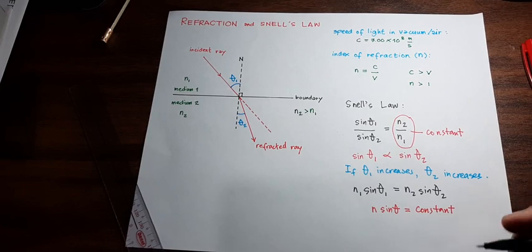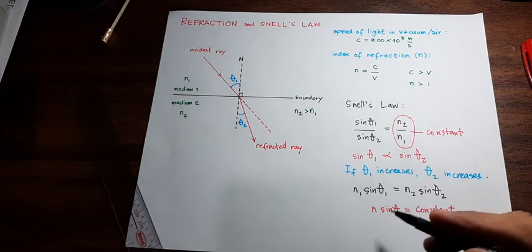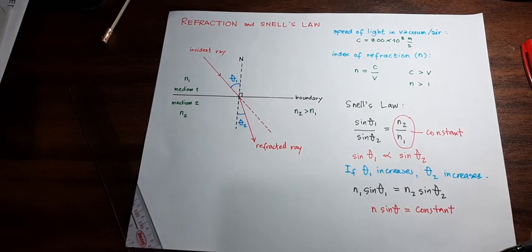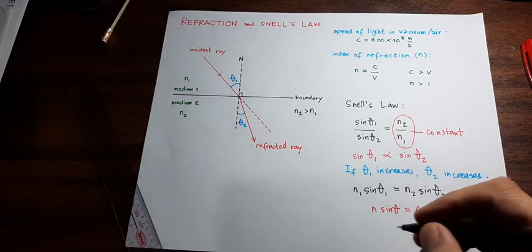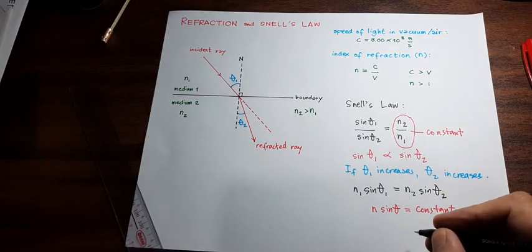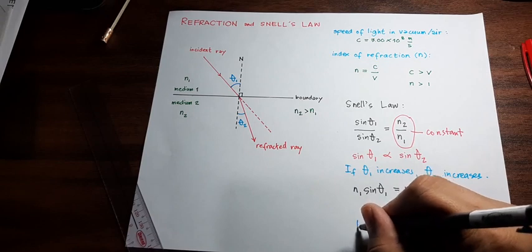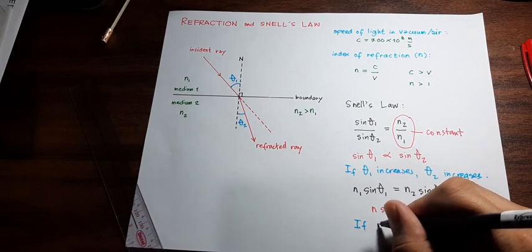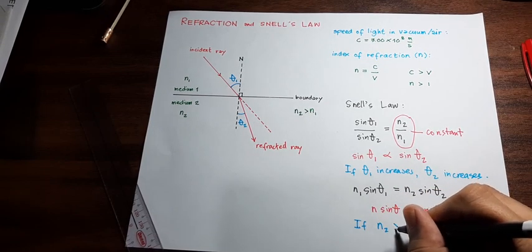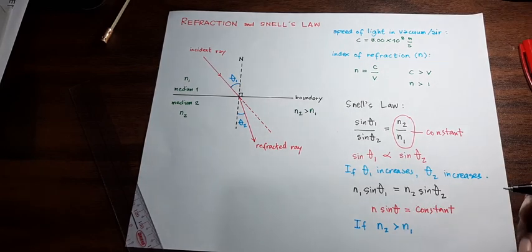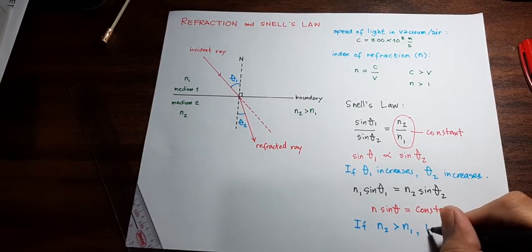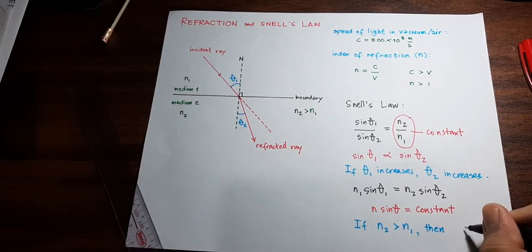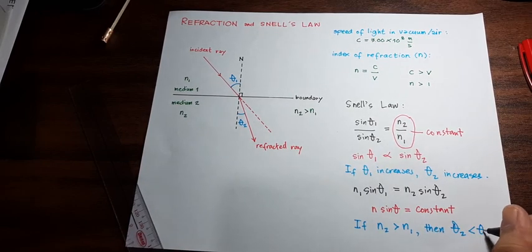And in this case, it means that N is inversely related to the sine of the angle, which translates to if N2 is greater than N1, then angle 2 is less than angle 1.